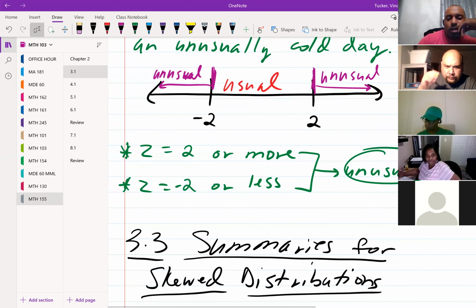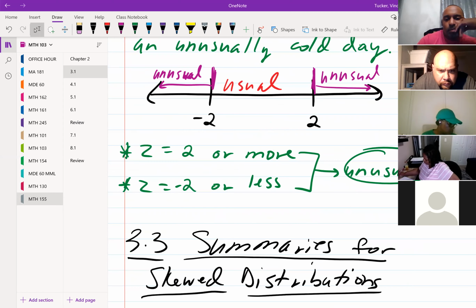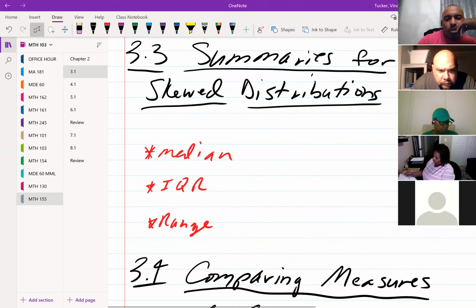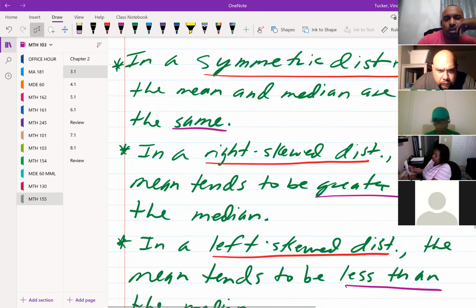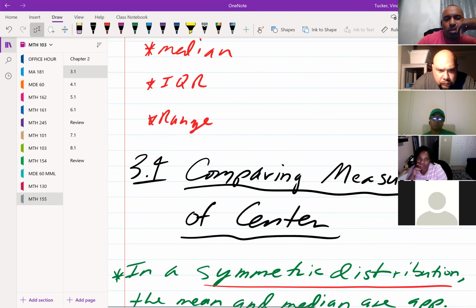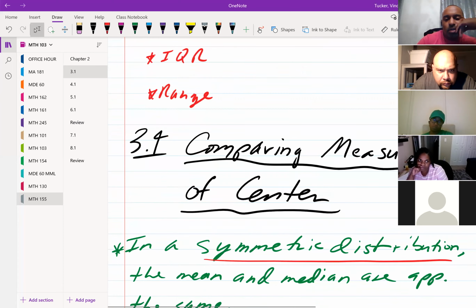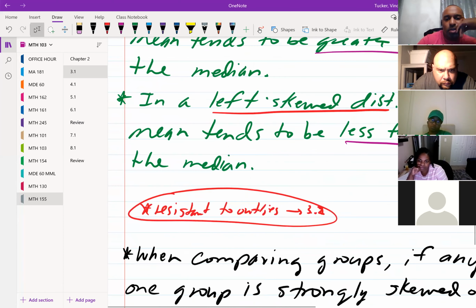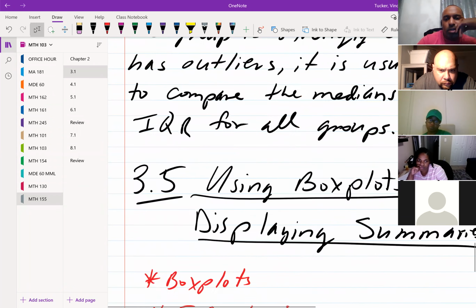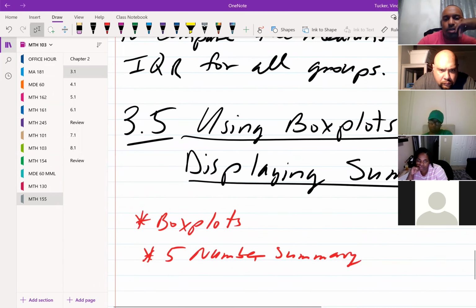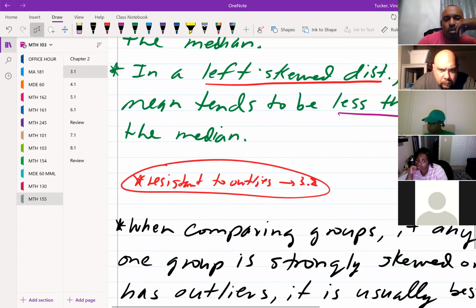How many sections in chapter 3? 3, 3, 4. Skew distribution, median, IQR, range. Hold on one second, guys, trying to make sure. Measure the center. Some of the stuff we already did. Box plot summaries.